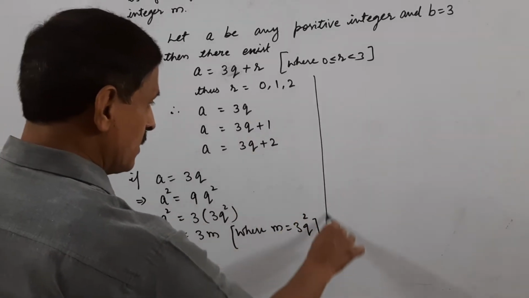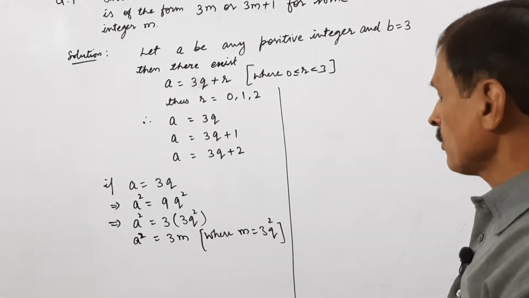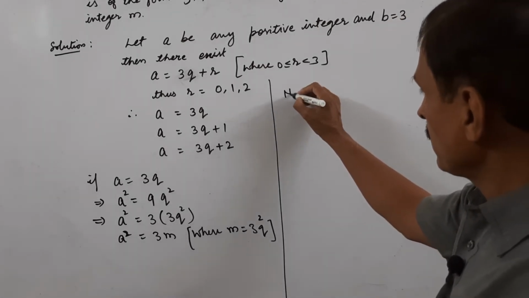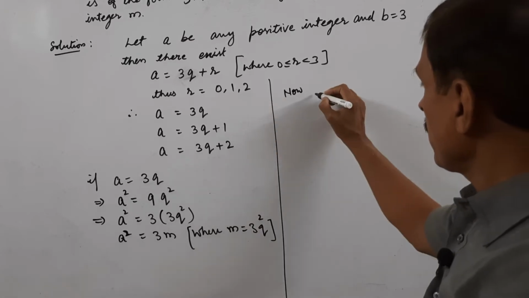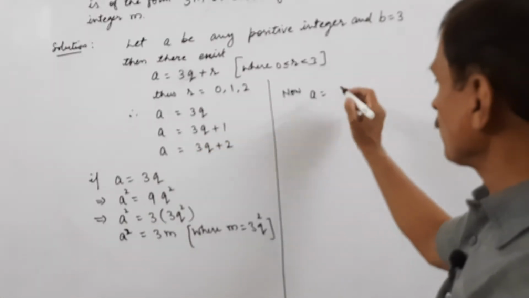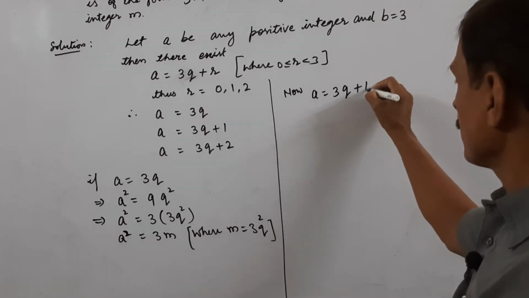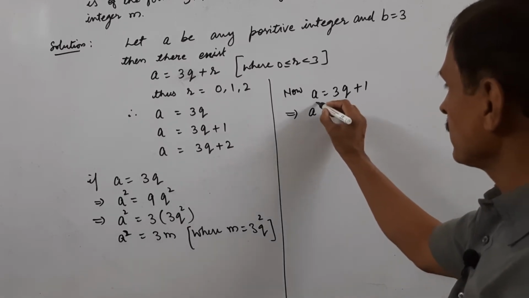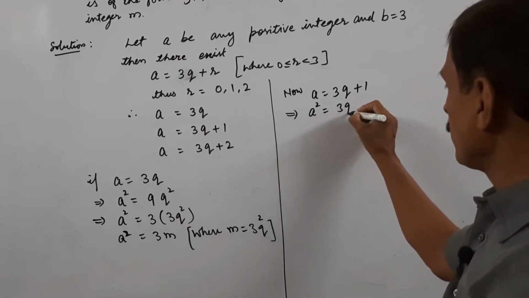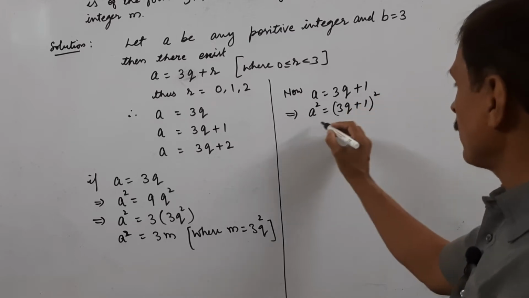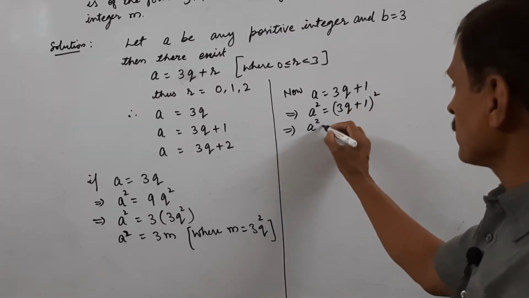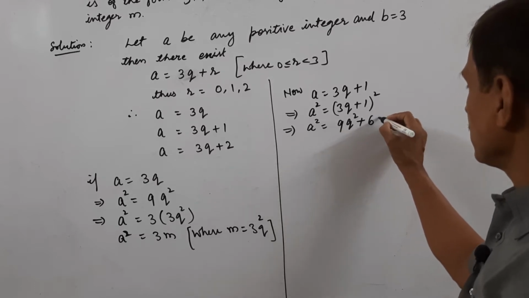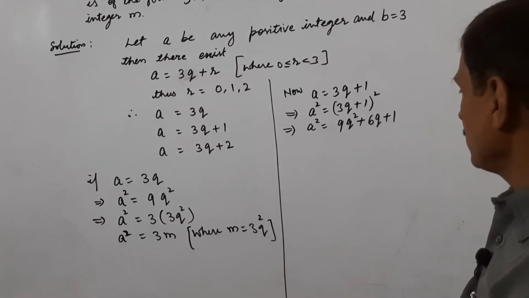Now we consider a is equal to 3q plus 1, and squaring both sides we get 3q plus 1 whole square, which further implies a square is equal to 9q square plus 6q plus 1.